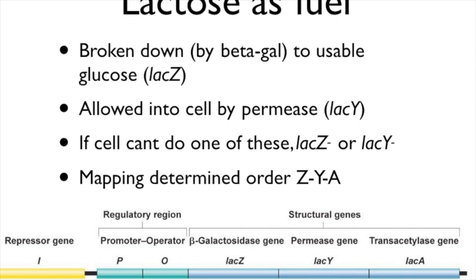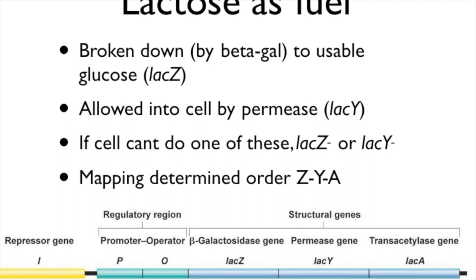In this system, if cells are incapable of producing functional beta-gal or functional permease, they are indicated as LAC-Z negative or LAC-Y negative. Okay? This simply means that they lack the ability to produce a functional protein of beta-galactosidase or permease.